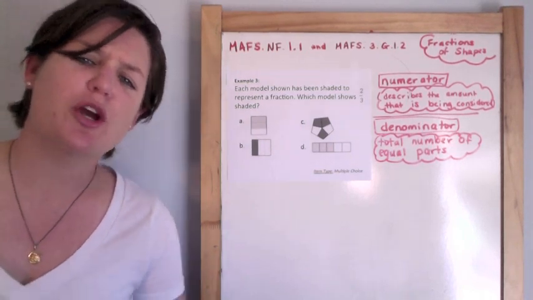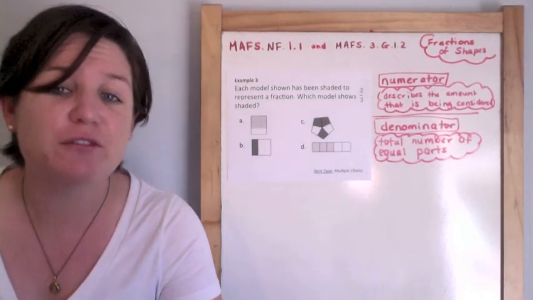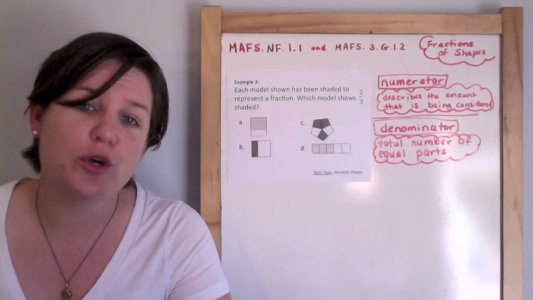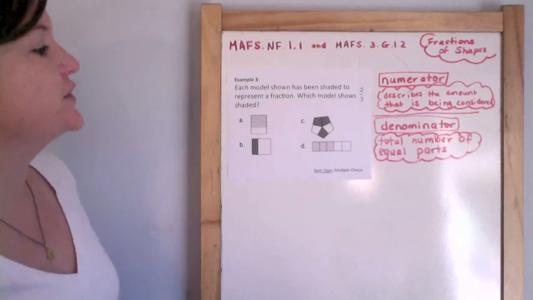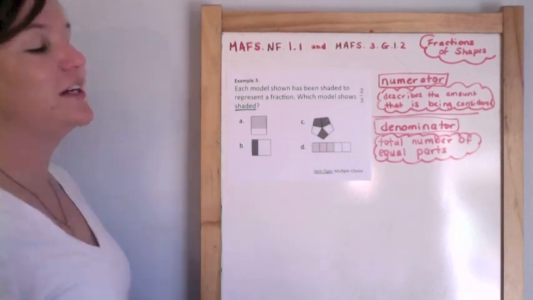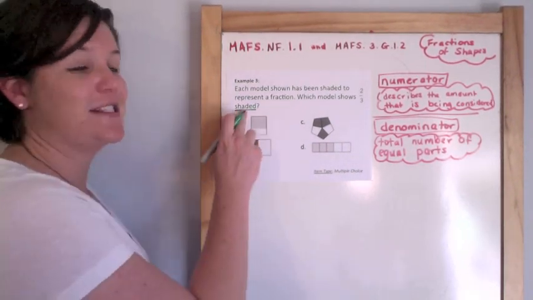Each model shown has been shaded to represent a fraction. Which model shows 2/3 shaded? 2/3 shaded. So what I need to be looking for is the shaded. That's the part that I'm considering.